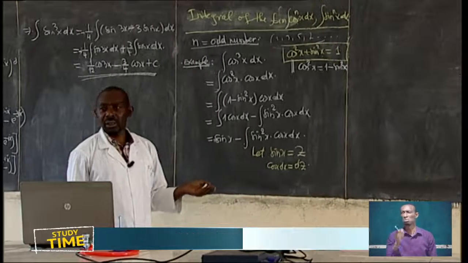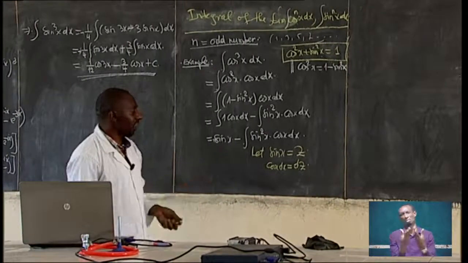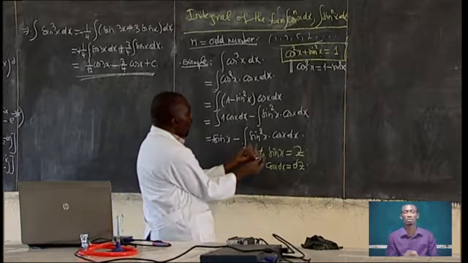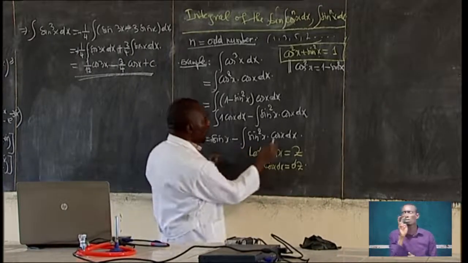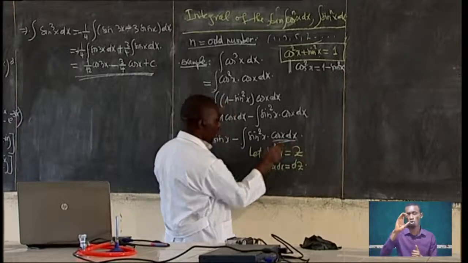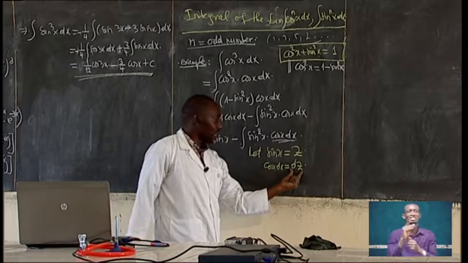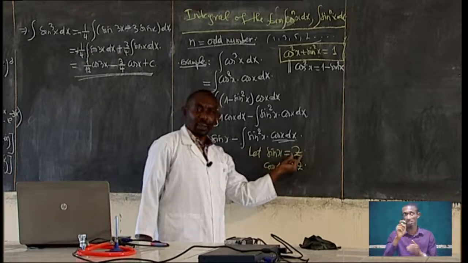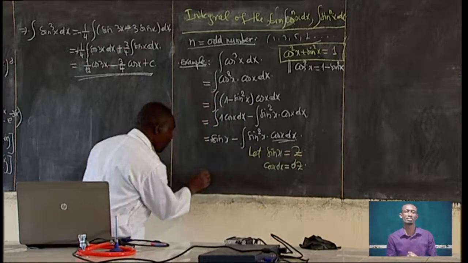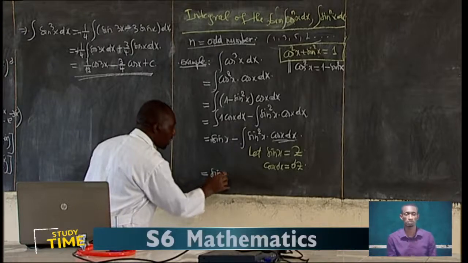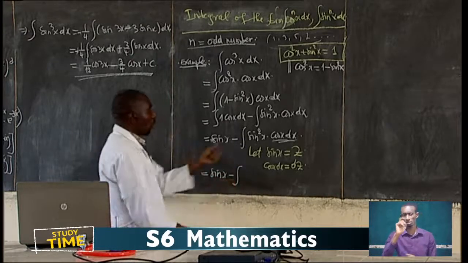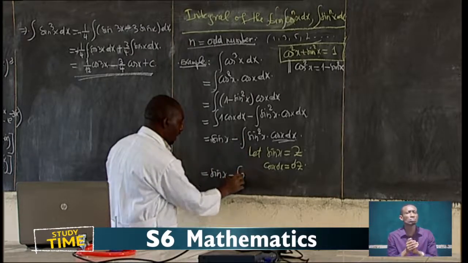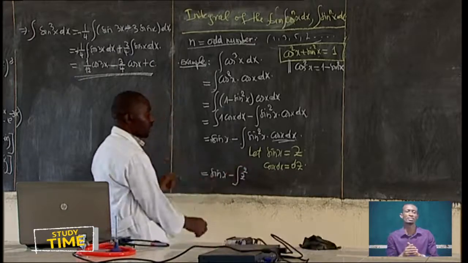Is it difficult? I hope not. It's very, very clear. And when I observe my integral, already cosine x dx is here, and is dz. And the sine x is equal to z. I'll be having sine of x minus integral of sine x, that is z, squared.